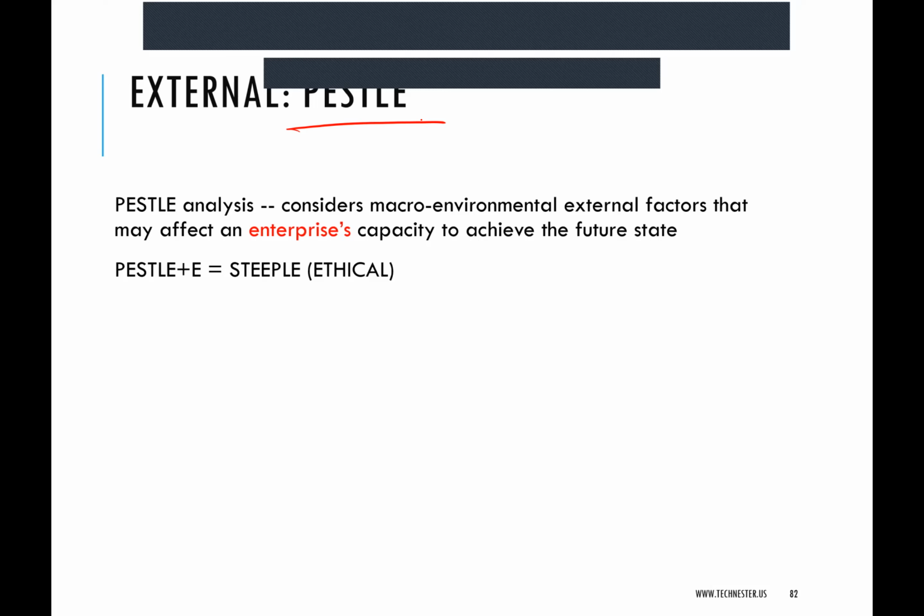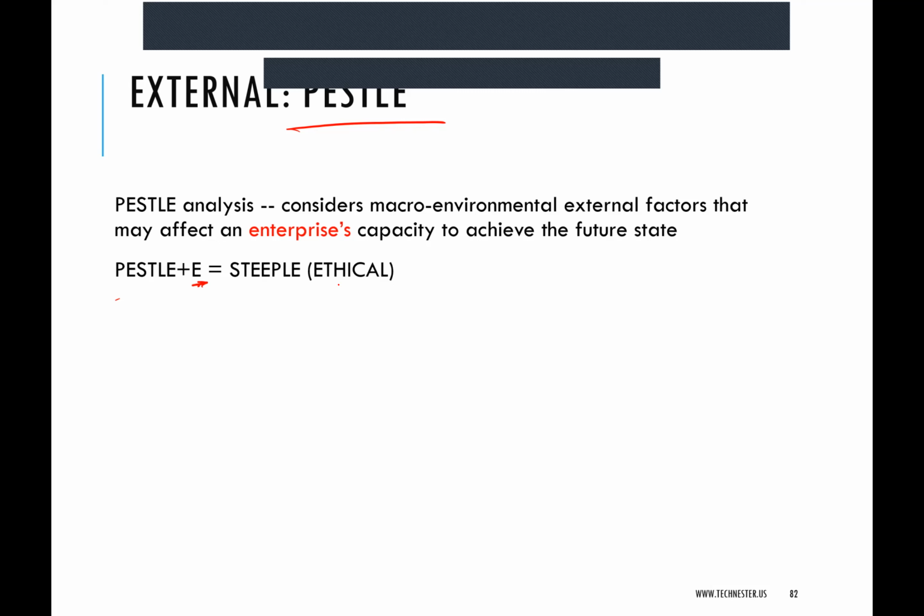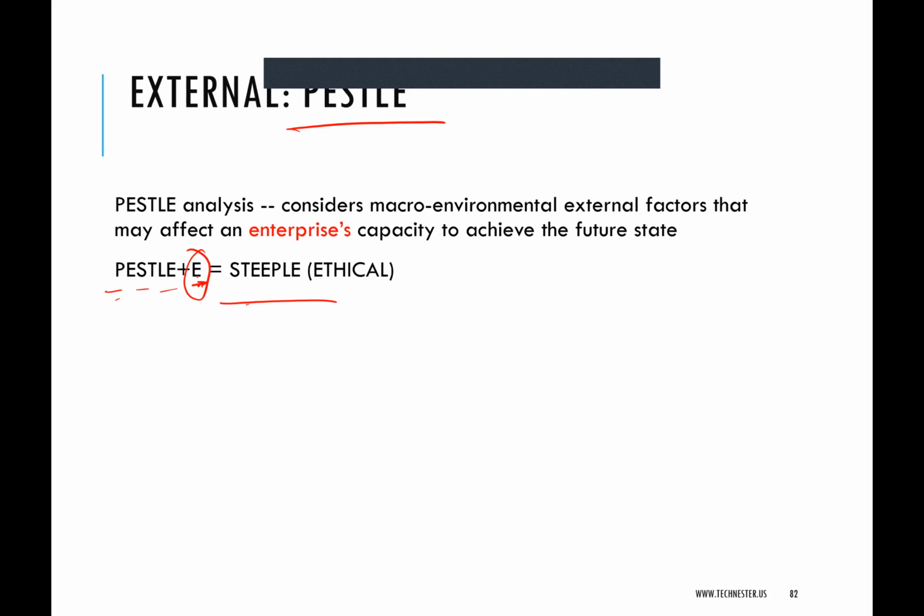It's just an acronym. Sometimes some people will add E to PESTLE and then change the organization of the letters to form what is called STIPLE. That E just means ethical. So each alphabet here means something. PESTLE is used to look at external factors affecting an enterprise, that may either prevent it or help it achieve a future state.